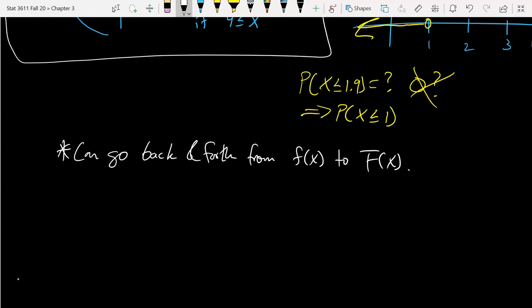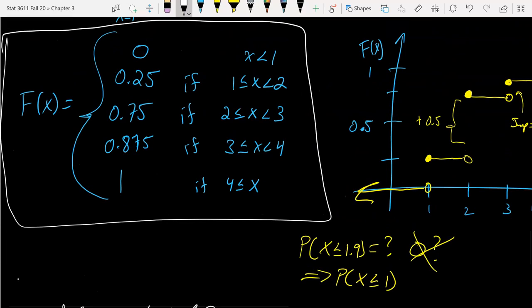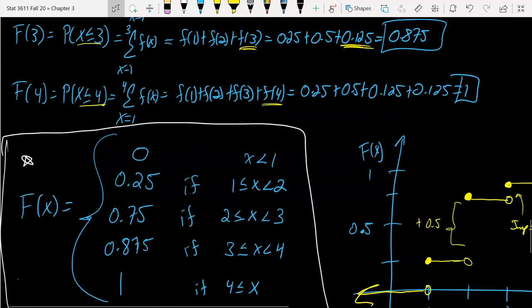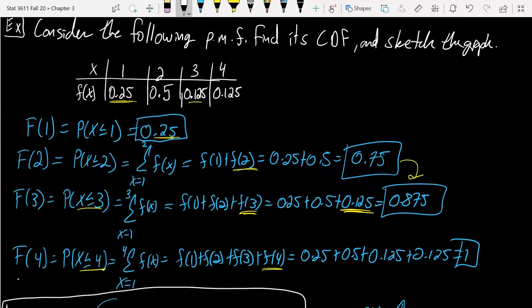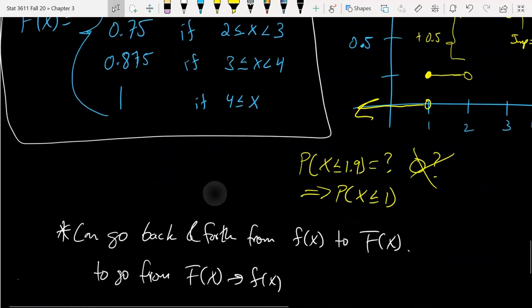To reverse, to go from capital F of x to little f of x, what if you started with this? How can I take this and derive this? You do the reverse. You take a look at the size of the jumps.